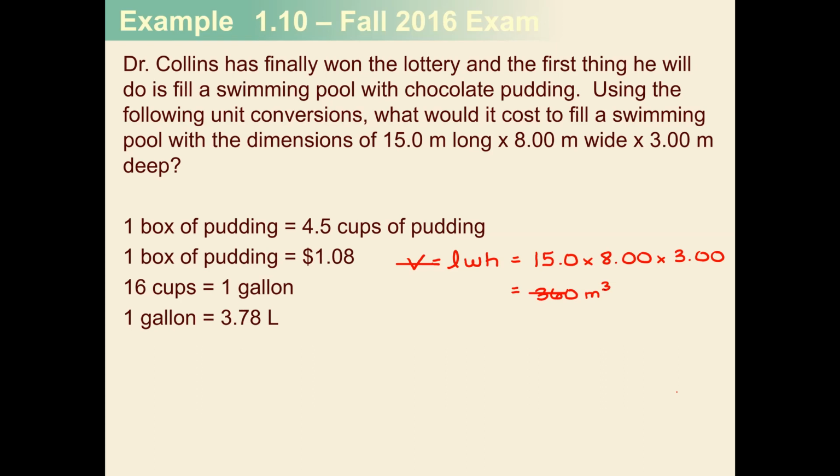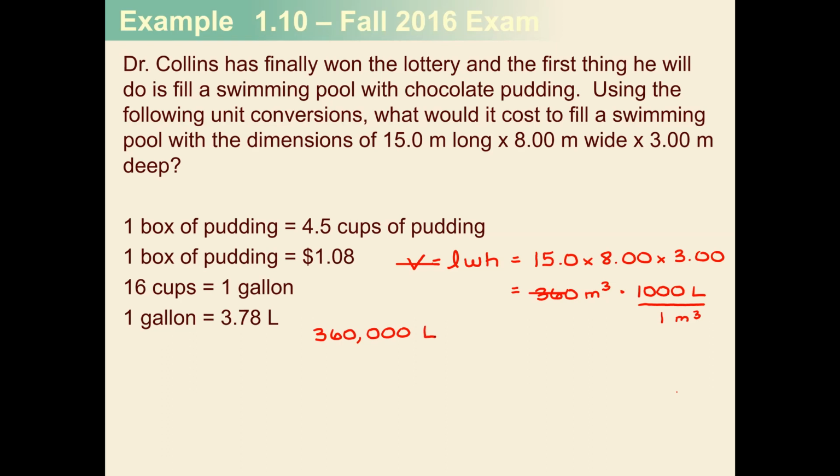We have a volume, but now we need to go to liters. So remember that it said back on that volume slide, we could multiply this by 1,000 liters in 1 cubic meter. So if we do that, you should end up with a volume of 360,000 liters.